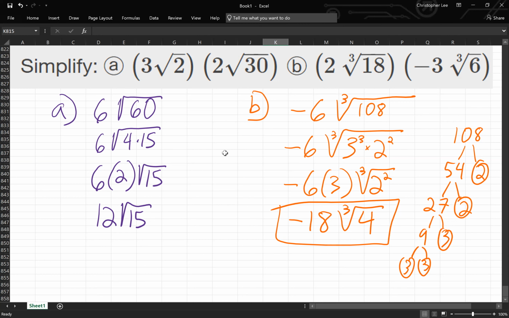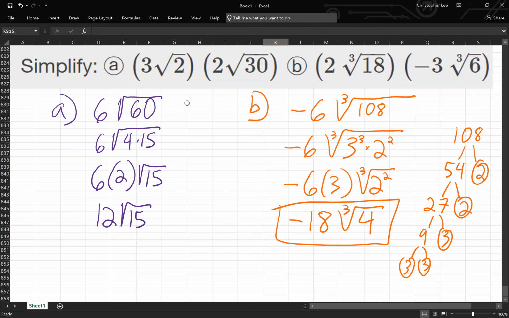Questions on this? Why do you always take something out of the radical? Because that's a perfect index number.